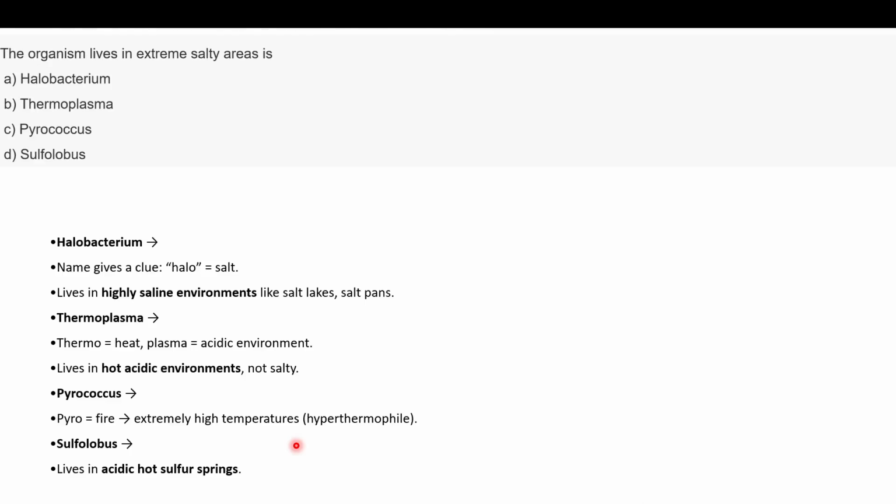Option B, pellicle. Now the organism, oh, I have shown the answer then and there. The organism which lives in extremely salty areas is option A, halobacterium. So the correct answer is option A, halobacterium.